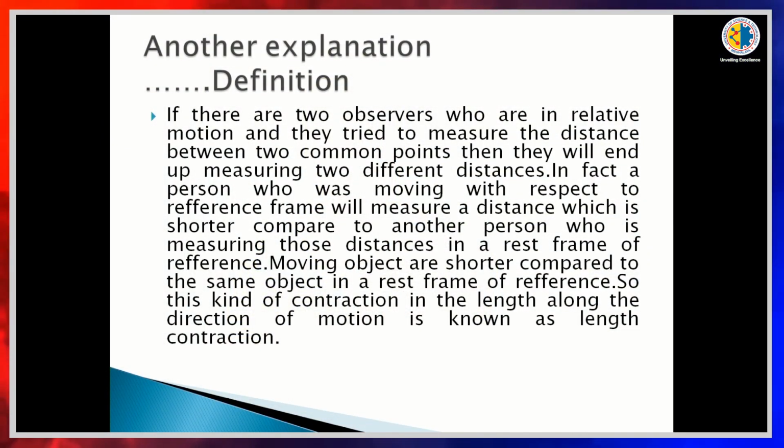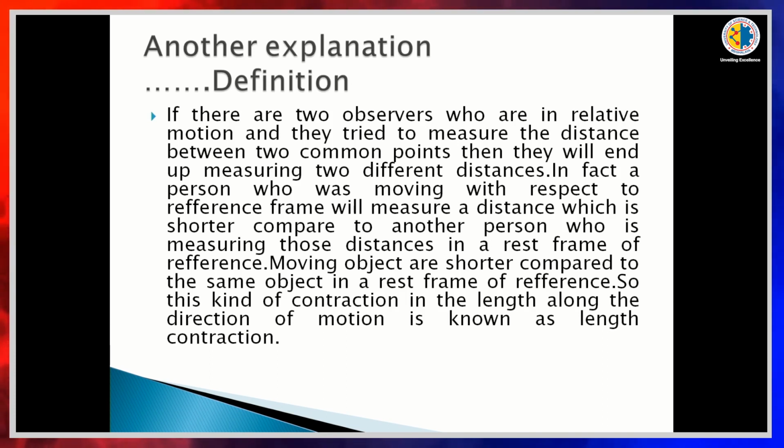Another explanation: if there are two observers who are in relative motion and they try to measure the distance between two common points, then they will end up measuring two different distances. In fact, a person who is moving with respect to the reference frame will measure a distance which is shorter compared to another person who is measuring those distances in a rest frame of reference.